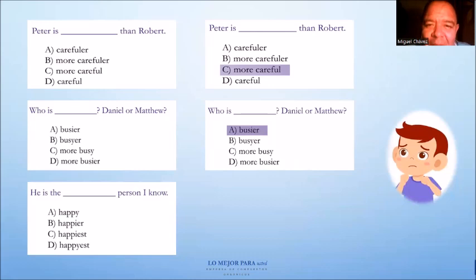Okay, remember, we are learning about the long adjectives and the short adjectives. Long adjectives use more. Short adjectives add ER. The next one, please. That is superlative.